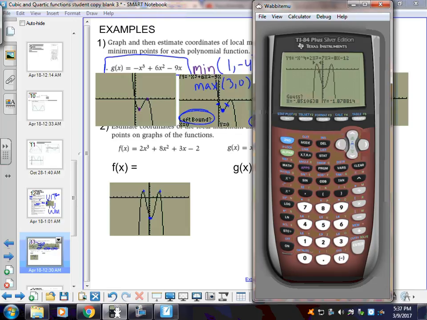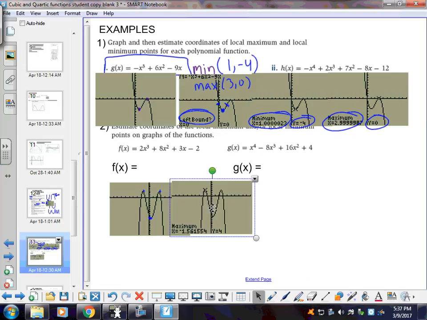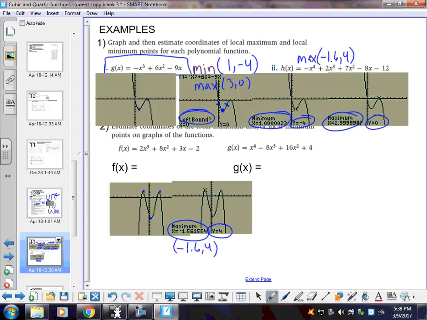And then I'm going to go back to guess and hit enter. And it gives me my maximum. Okay, that is at -1 point, so I'm going to say the max for this, one of them is -1.6, and I rounded 4. Okay, so -1.6 and 4.